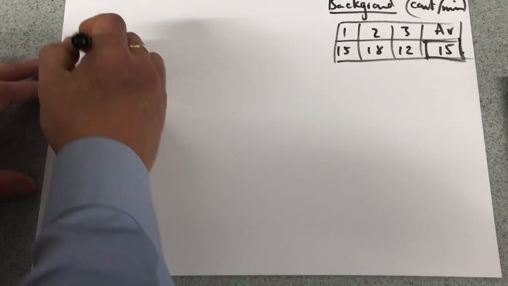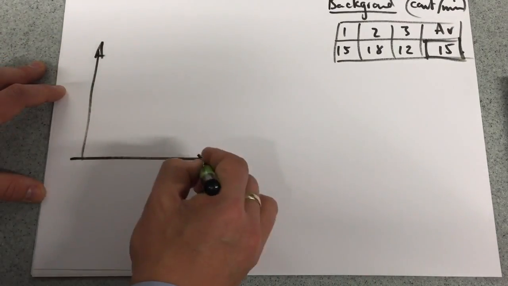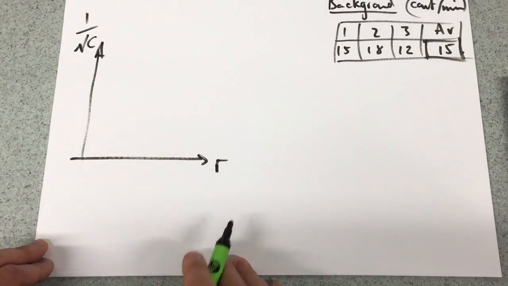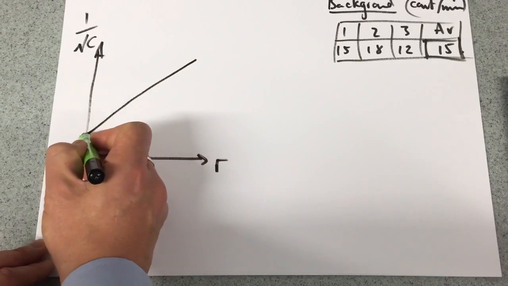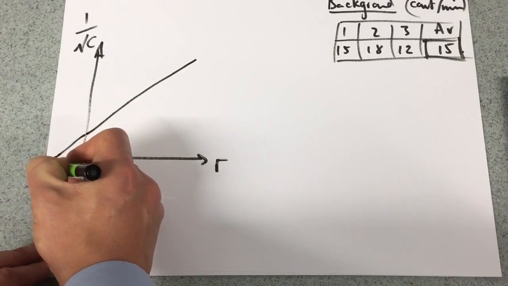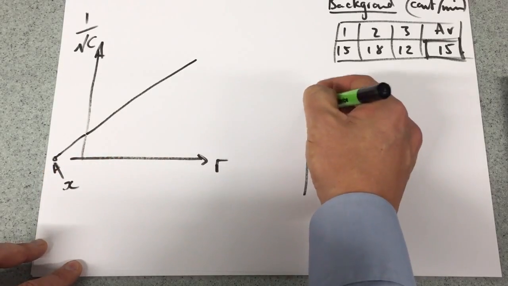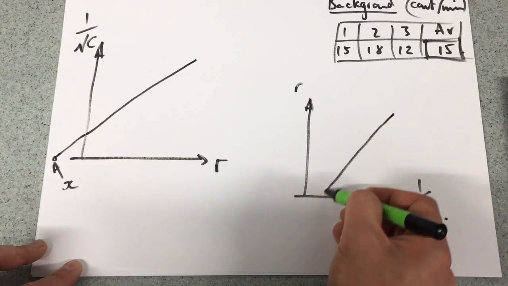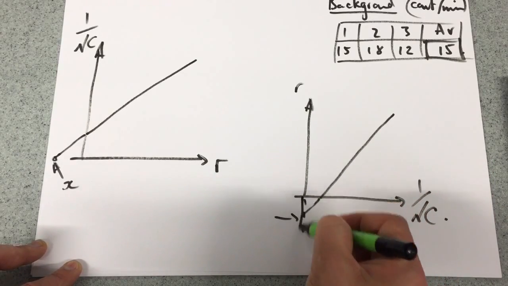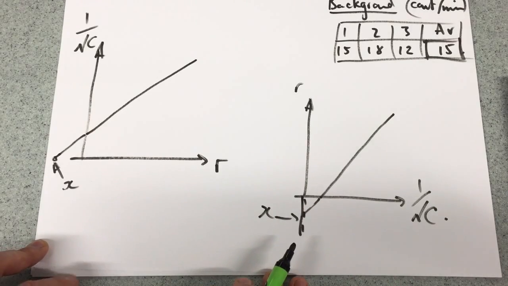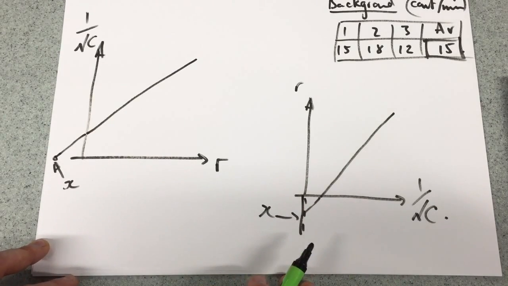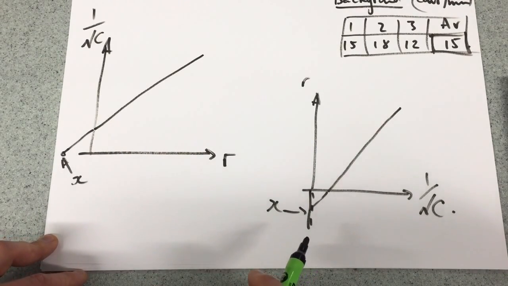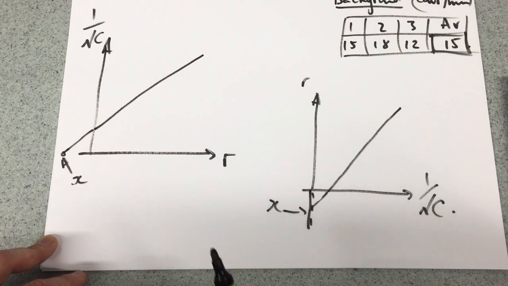With that data, remember what we're going to do is either plot R against 1 over the root of the count rate, and we will get this point here being X, or we plot R over 1 over root count rate, and we get the intercept there being X. Either way, we can work out what that correction is between the detector and the end of the Geiger-Müller tube. Okay, good luck with plotting that, and I hope it comes out with the right results.